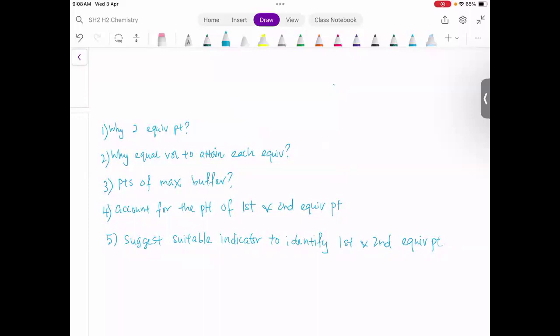In your pair, you can discuss. So then buffers like 2.